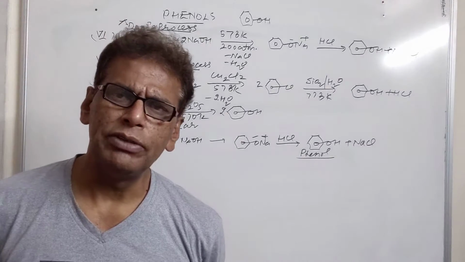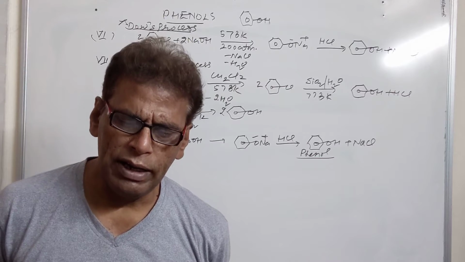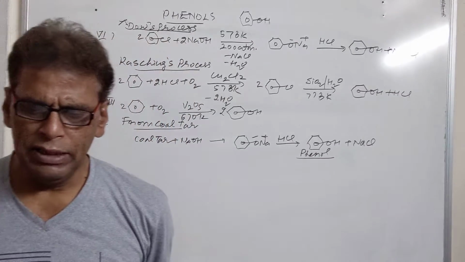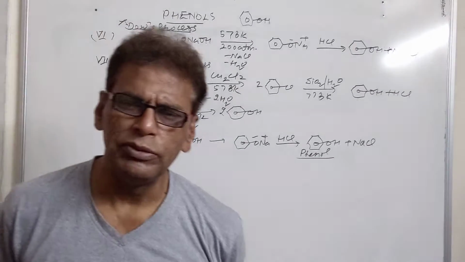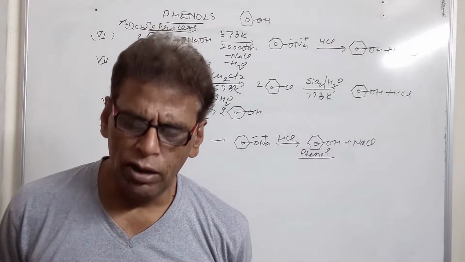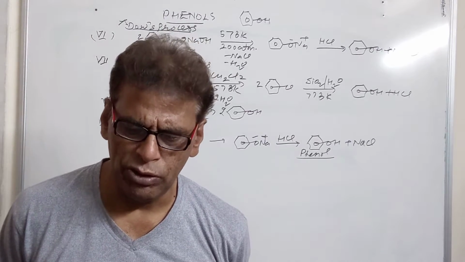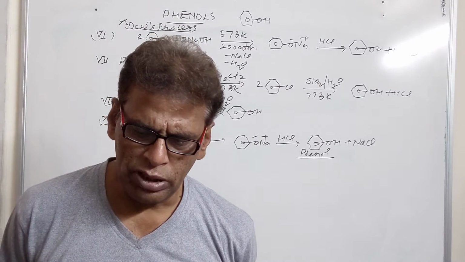Then we come to the physical properties of phenol. First physical property, they are colorless liquids and in the solid state they become somewhat brown due to aerial oxidation. The oxygen present in the air oxidizes the phenol, changing it into a brown colored compound.